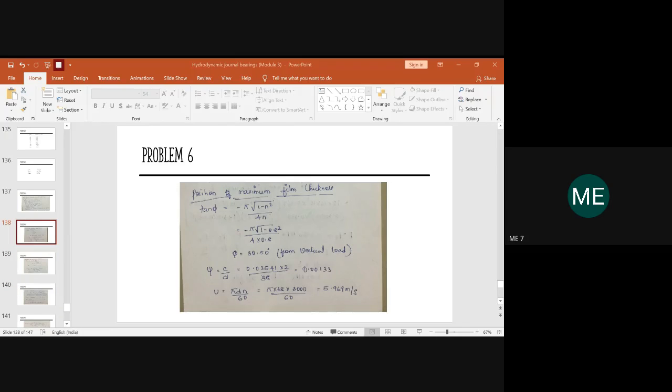How much is the value you people are getting? Shiv Pavan? Calculating, ma'am. 1 minute. Yeah, please calculate and let me know. Others also kindly do calculate. Anyone can tell me what value you people are getting.